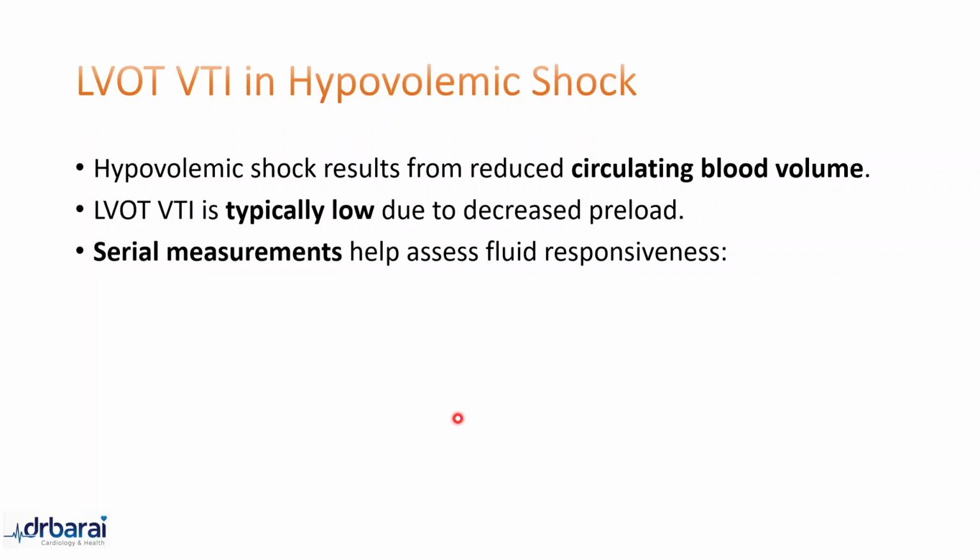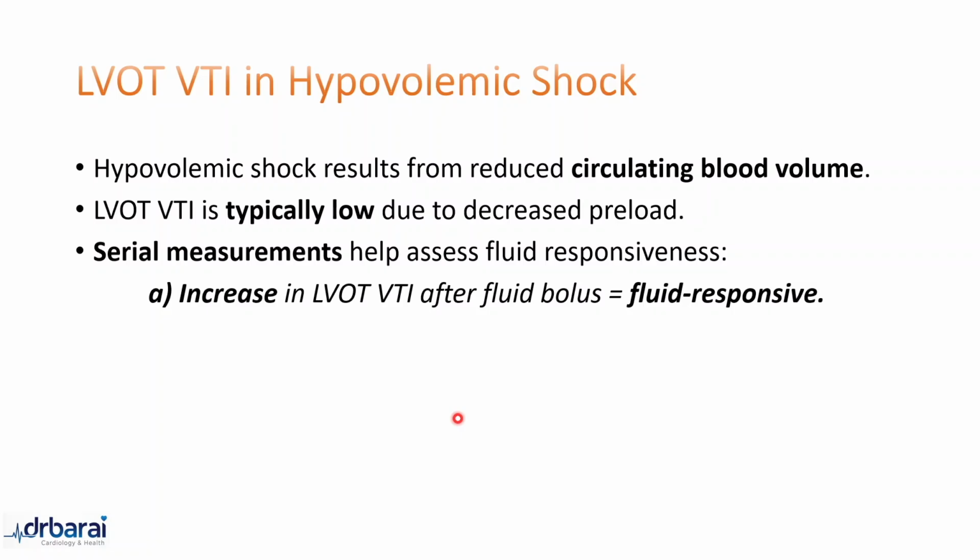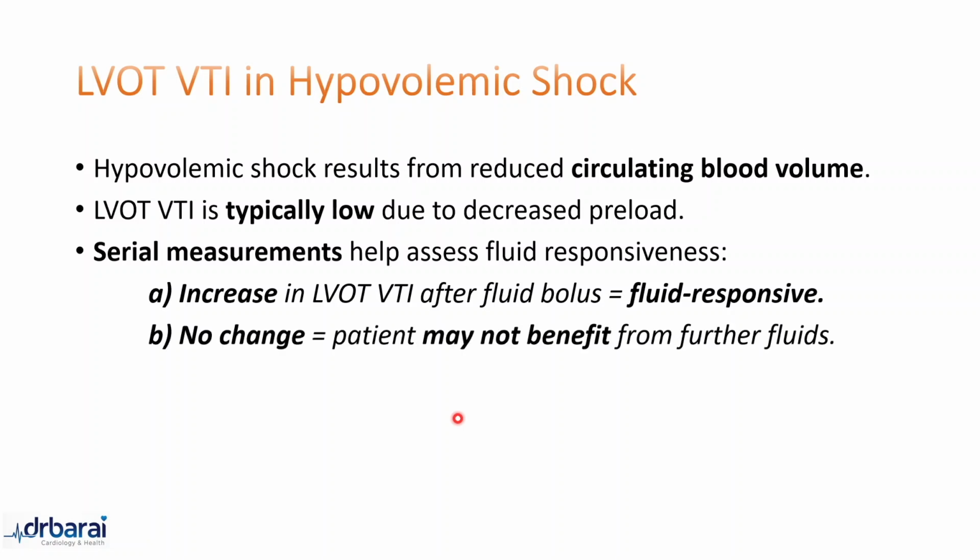For example, in case of hypovolemic shock, if we do the LVOT VTI, give some IV fluid, and if there is an increase in the LVOT VTI after the fluid, we know that this is fluid responsive, which means we can give some more fluid. On the other hand, even after giving some fluid, if there is no change, that means this person is not fluid responsive. If we give fluid, it's not going to help. Do something else. Might be some inotrope drugs, might be some other interventions.